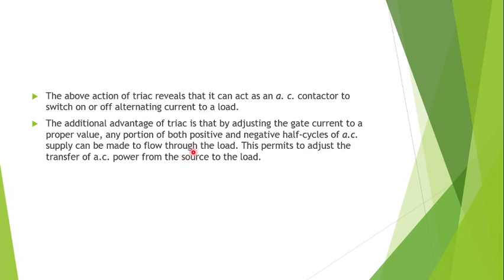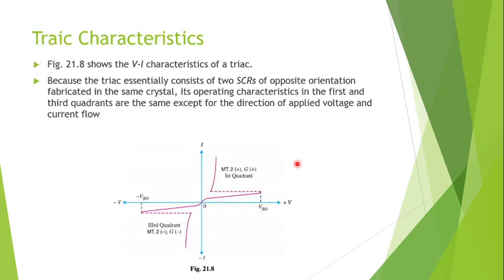The second advantage is that by adjusting the gate current, we can allow any portion of the positive and negative half cycles of the AC supply to flow through the load. So this characteristic allows us to adjust the power which we give to the load, the AC power. Based on these two points, let us look at two applications, each one using one of them. We will look at the applications once we study the TRIAC characteristics.